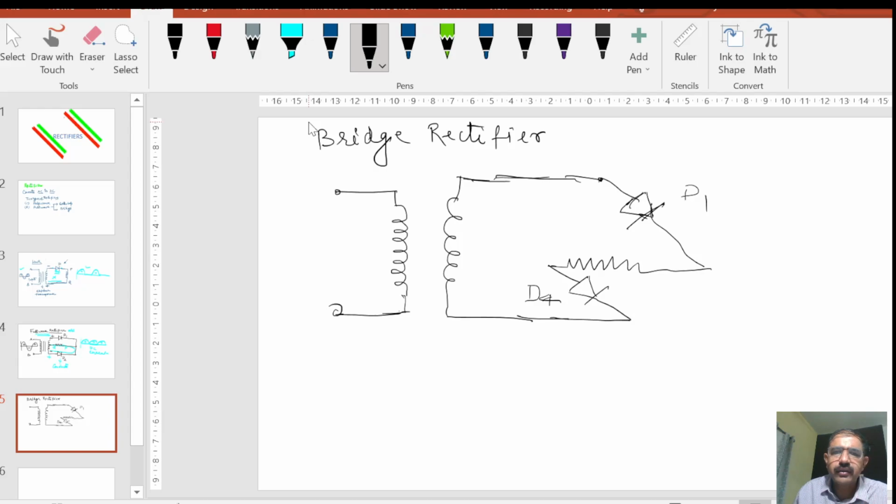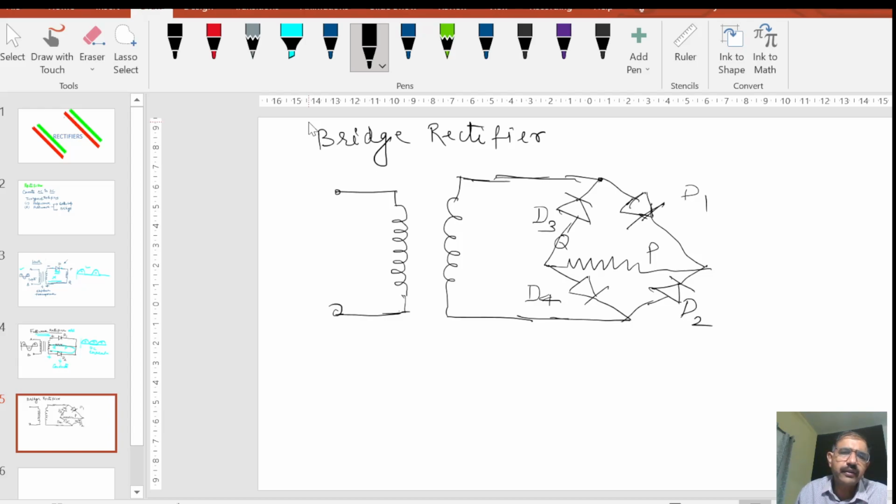Here this end is P, this end is Q. In the second cycle we connect a diode here, this is diode D2, and current will flow from P to Q. Again I will connect it like this.